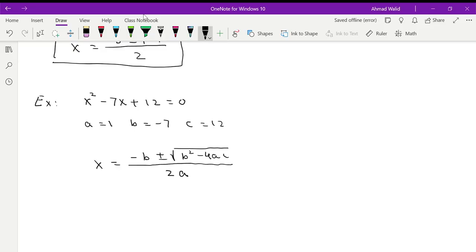Plug in the numbers, then x equals negative b. How much is b? Look here, one negative from the formula, another negative from 7. Plus minus square root of b squared. It means negative 7 squared. If I write this way, I did wrong.